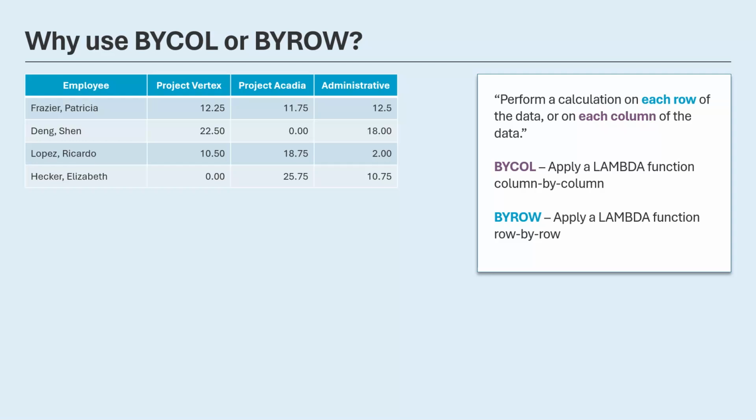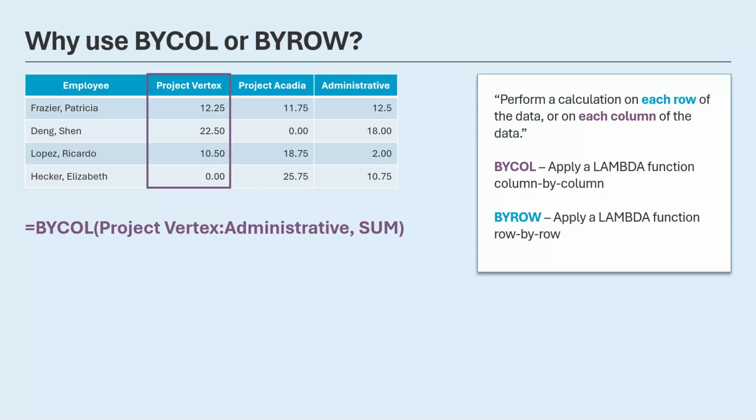Now these two functions both accept any lambda function as the thing to be applied to that data, or you could also use some simple options that we'll see in a moment. So in this environment right here, we'll see that we could go either horizontally or vertically.